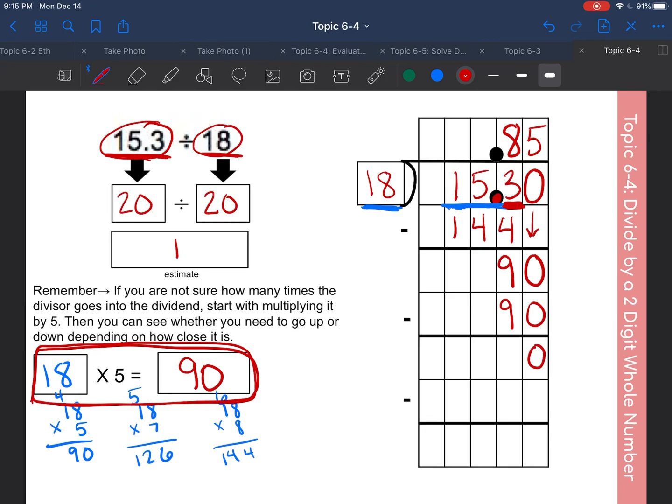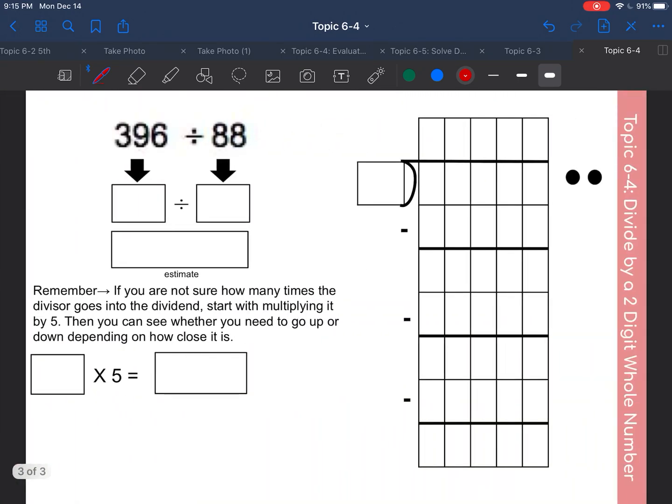We can stop our problem. And our answer is 85 hundredths, which makes sense because it is very close to 1. And we said in the beginning, if our dividend is smaller than our divisor, we're going to get a small number less than 1.